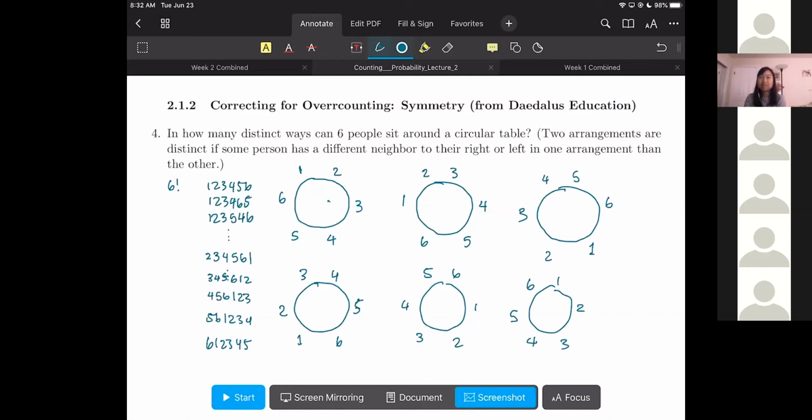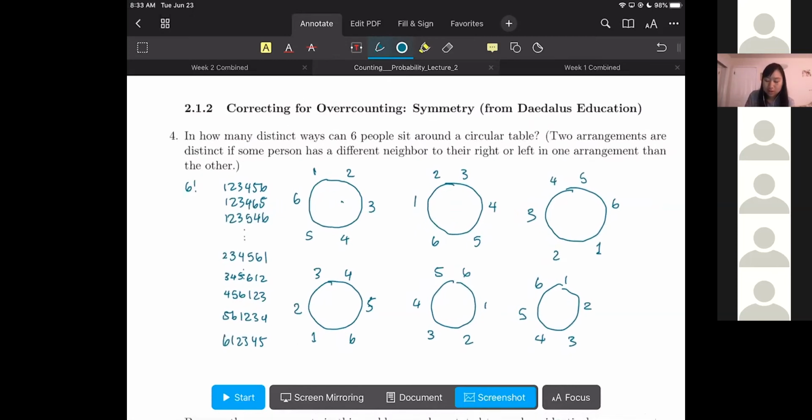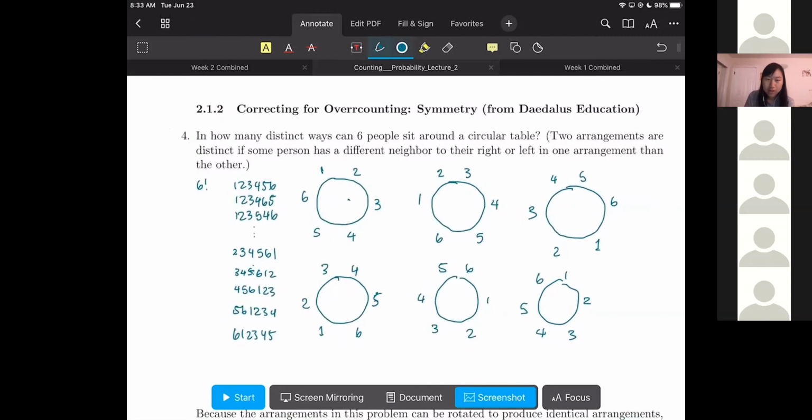Cool. So in this case, if we just said 6 factorial, then we're overcounting because every arrangement could actually be counted 6 times because of rotational symmetry. So in order to get the right answer here, we want to divide by 6 because there's 6 ways that we could rotate the seats.